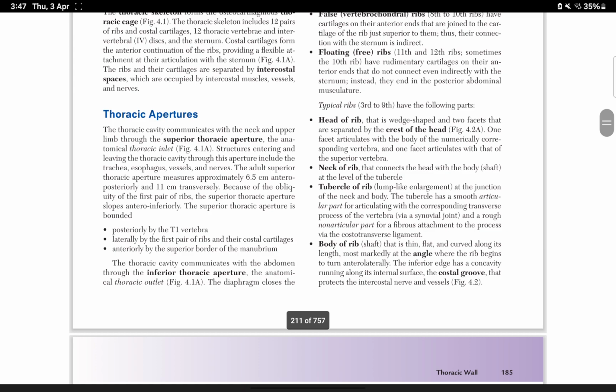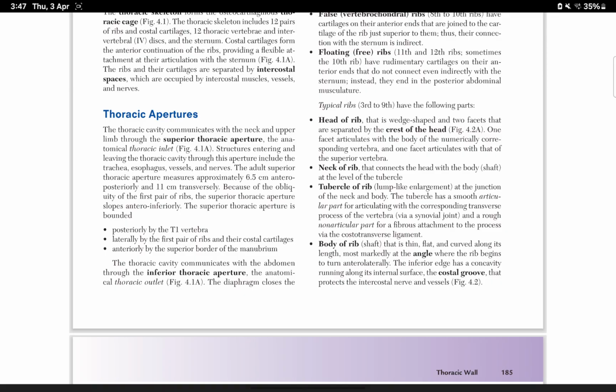Thoracic apertures: the thorax communicates with the neck and the limbs through the superior thoracic aperture, the anatomical thoracic inlet. Structures entering and leaving the thoracic cavity through this aperture include the trachea, esophagus, vessels, and nerves. The adult superior thoracic aperture measures approximately 6.5 cm anteroposteriorly and 11 cm transversely.